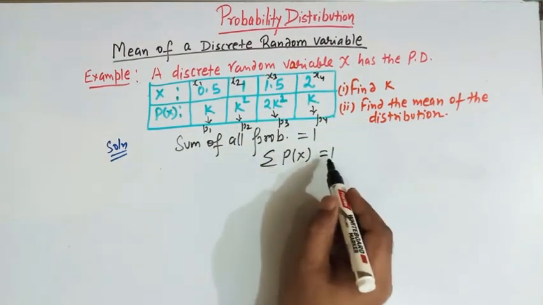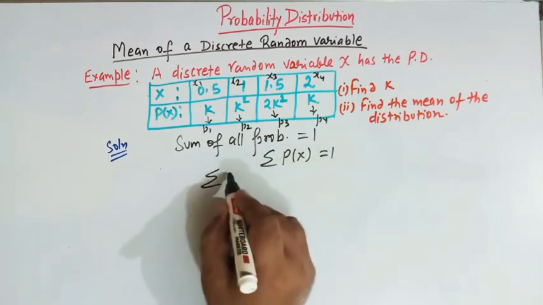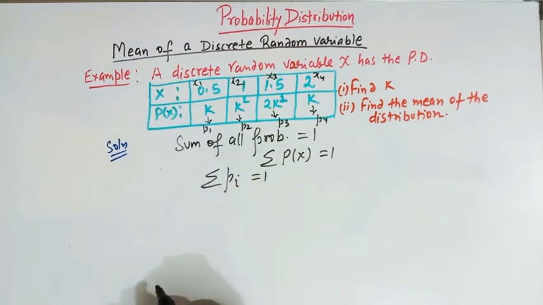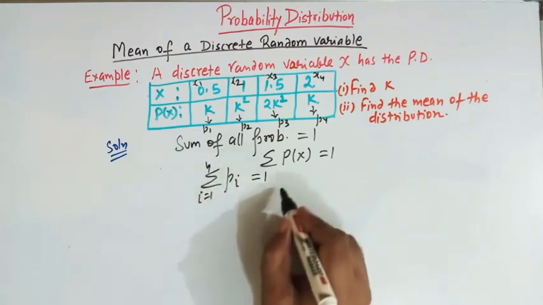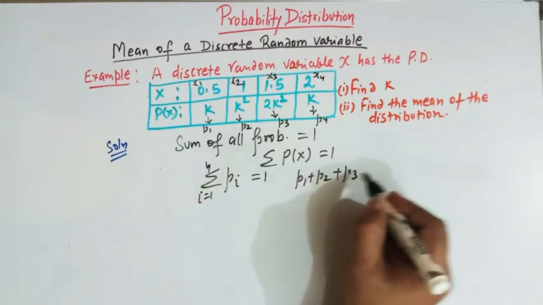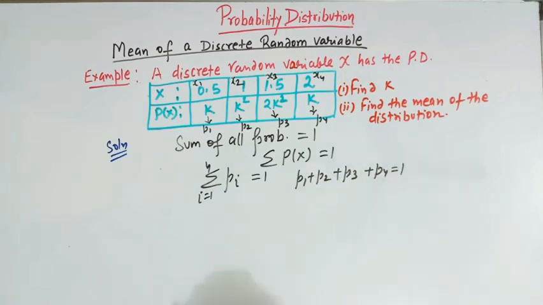So sigma of px equal to 1, it means sigma of pi is equal to 1, and i takes the value from 1 to 4, so p1 plus p2 plus p3 plus p4 must be equal to 1, right?